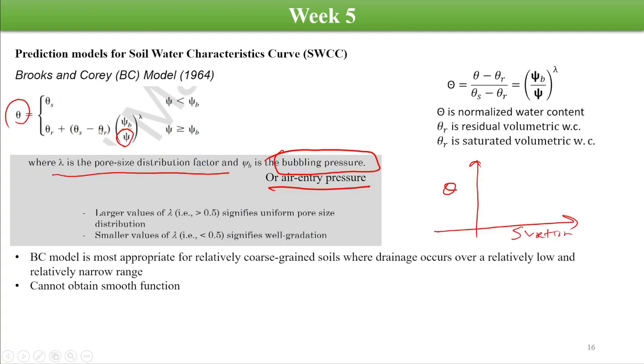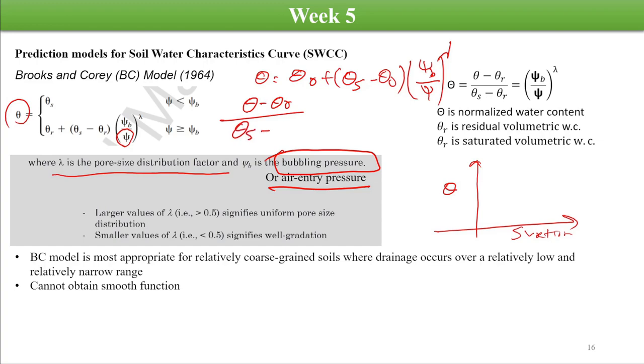In this expression, if we rearrange it, theta is equal to theta r plus (theta s minus theta r) times (psi b upon psi) to the power lambda. Rearranged, theta minus theta r divided by theta s minus theta r will be equal to (psi b upon psi) to the power lambda, right?